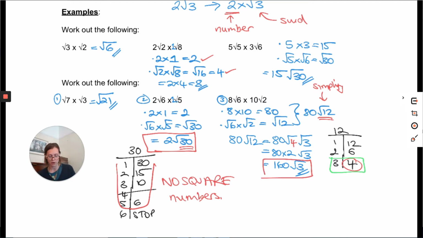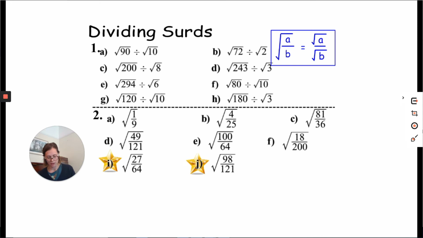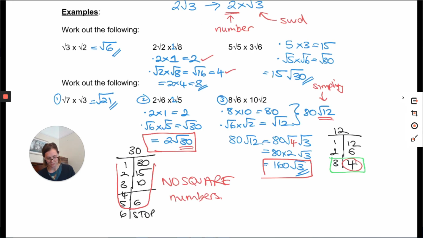Okay, so let's do some practice of these. Let me find you some. If you want to practice one where you're going to have to simplify as well, have a go at these. So number 1, let's have 3 root 5 times 2 root 10.